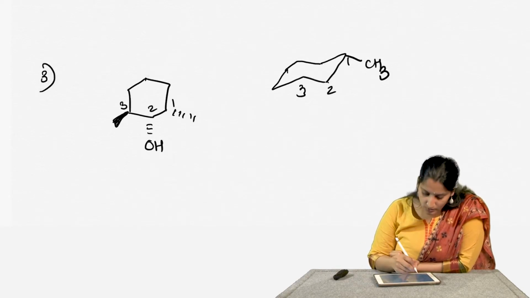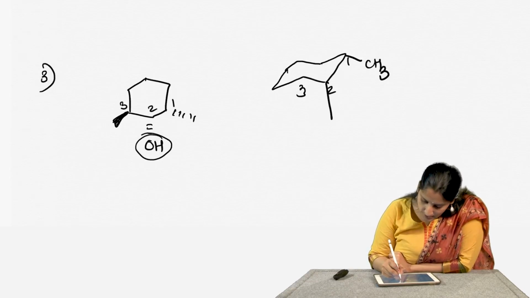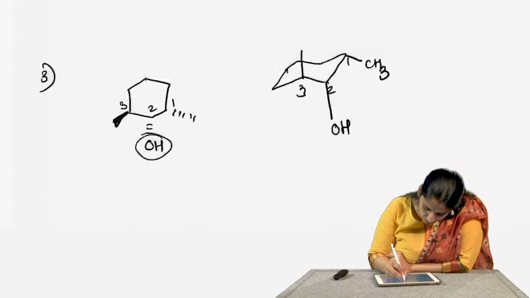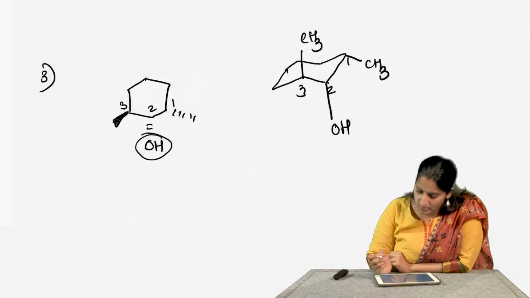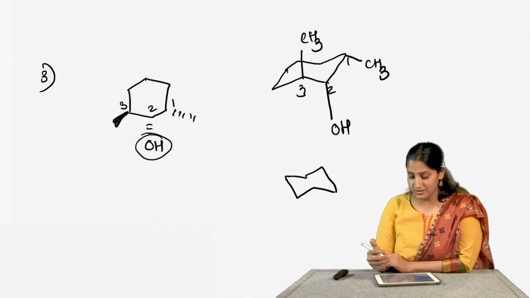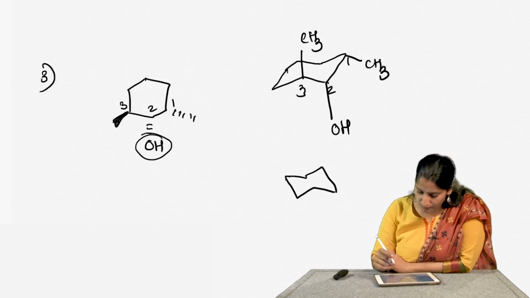The OH is going down on carbon number 2; the down group on carbon number 2 is an axial group, so it goes down here. And the methyl is going up, and the methyl will go up here. Okay. So, we have drawn the correct representation, but we do not know if it is most stable or not. So, let us draw the chair flip.